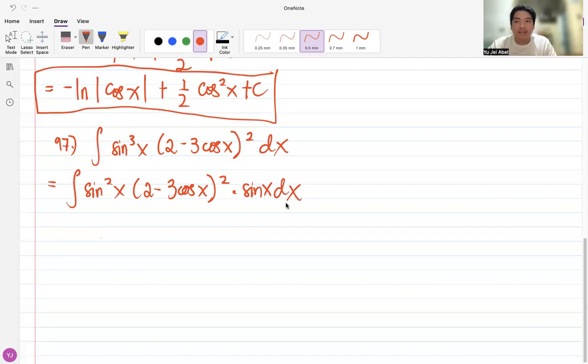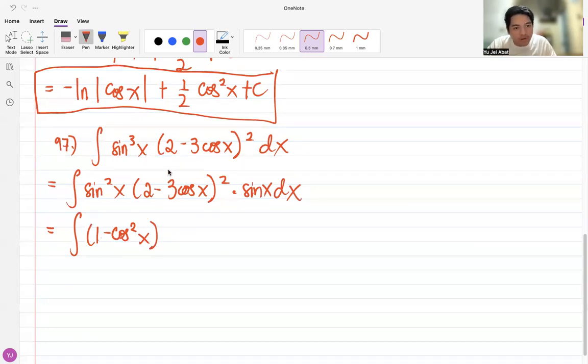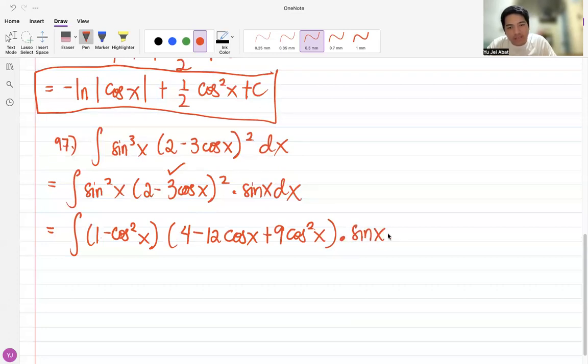The reason I did that is that this sine of x dx will be utilized in the future as our du, by letting cosine be the u. So using the Pythagorean identity, I have 1 minus cosine squared of x, and then expanding this one, we have 4 minus 12 cosine of x plus 9 cosine squared of x, multiplied by sine of x dx.